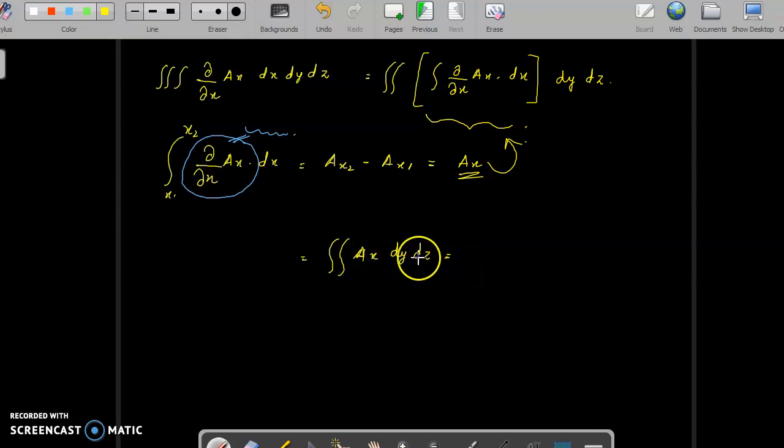So this is nothing but the surface integral. Double integral is a surface integral. So this is equal to the surface integral of the Ax component into dsx. dy dz represents dsx.